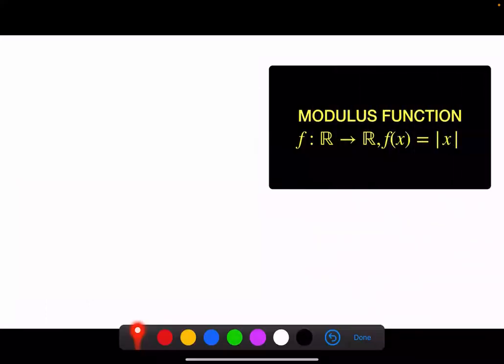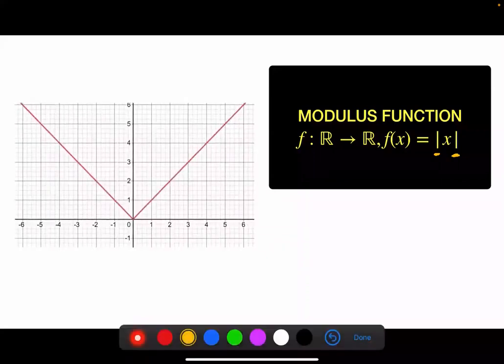Then this is a very important function, the modulus function, sometimes known as the absolute value function. These vertical bars have meaning, so you have to be very careful. How does this look? The function looks like this.